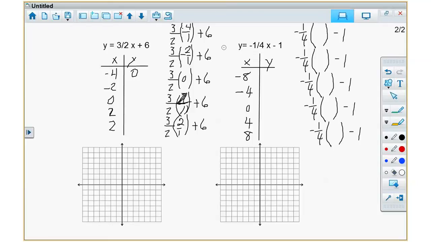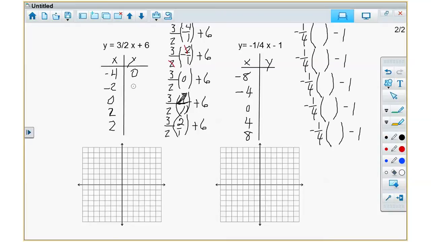What is negative 3 plus 6? 2's cancel, right? That's why we make these the way we're making them. So what's negative 3 plus 6?